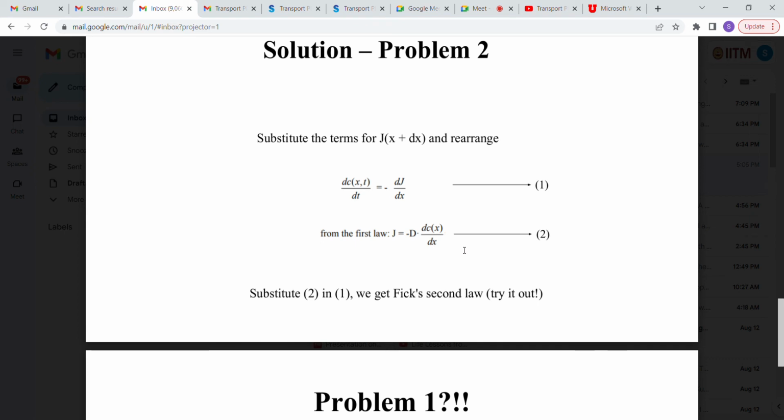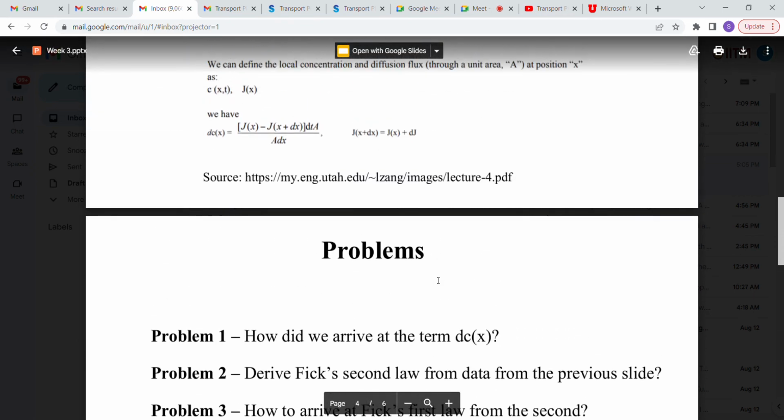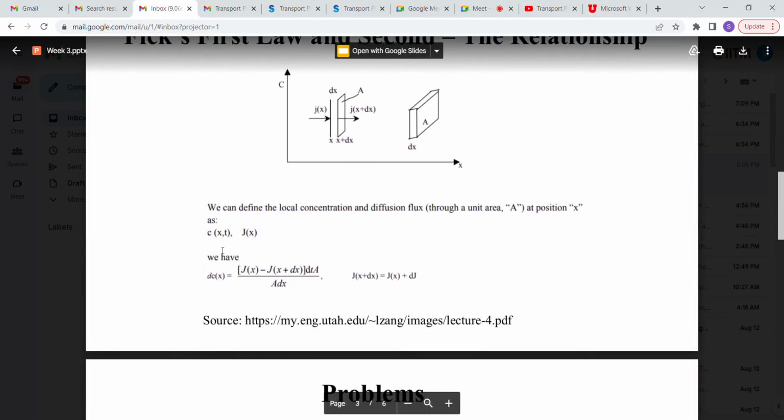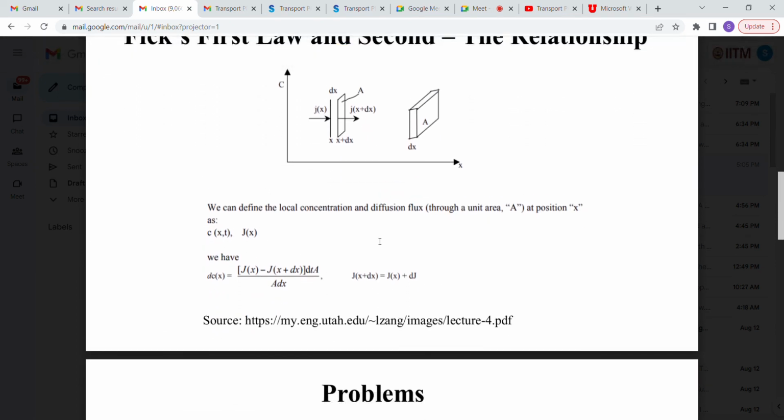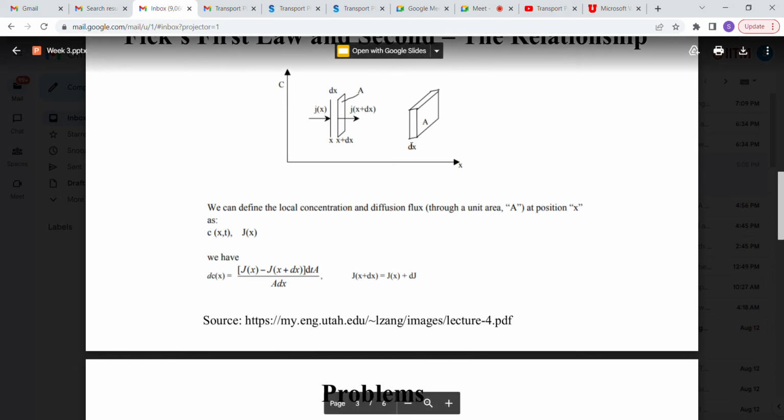So I suggest you go through the lecture slash presentation in week 2 to understand this equation. Now, how will you arrive at this equation? That is the question, and I'm going to give you some time to think about this graph and come up with the answer.